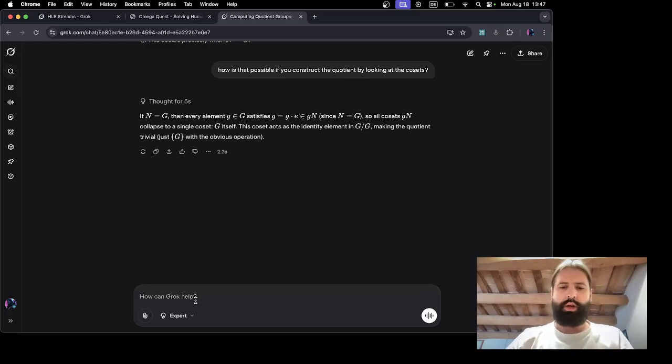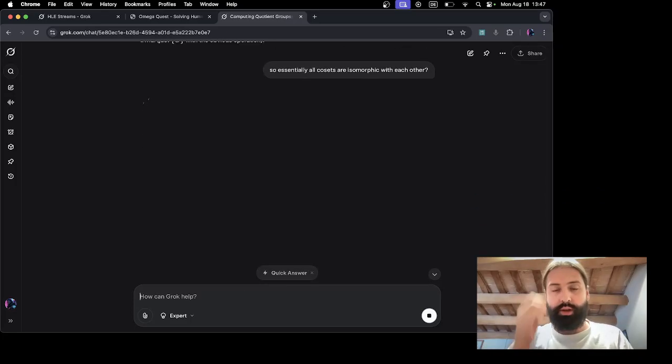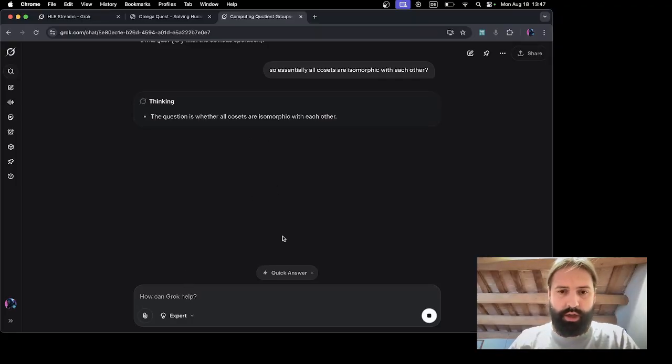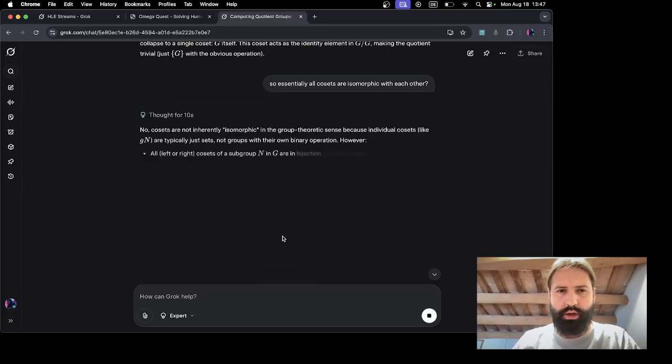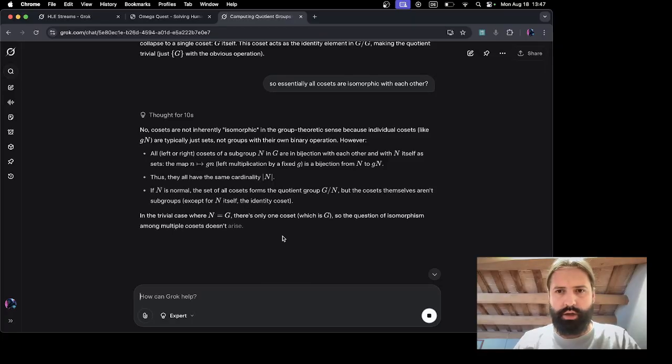So essentially all cosets are isomorphic with each other. I think that's what it means, right? There's only one coset, which is G.